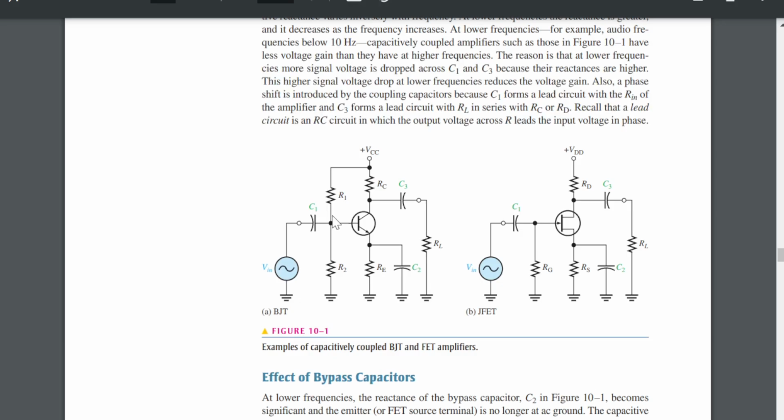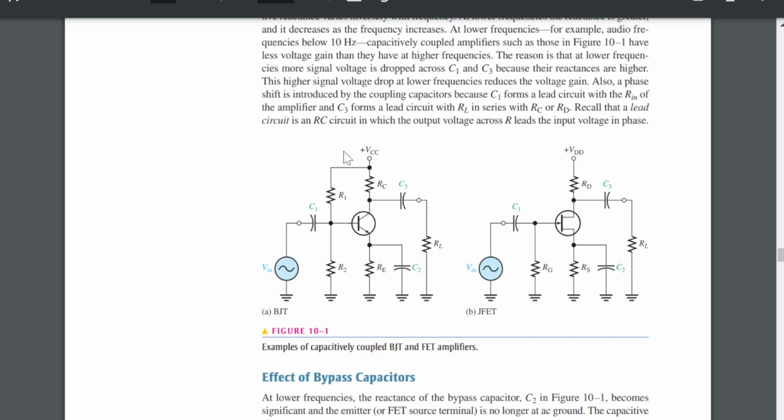This is mainly a lead circuit, an RC circuit, the combination of both resistor and capacitor. So it will form a lead circuit.